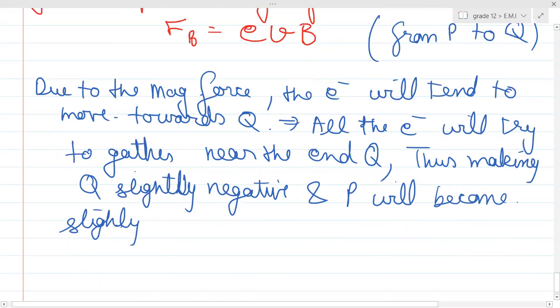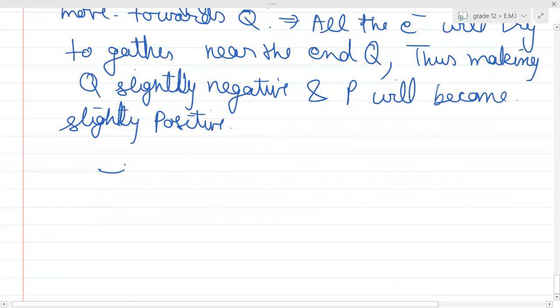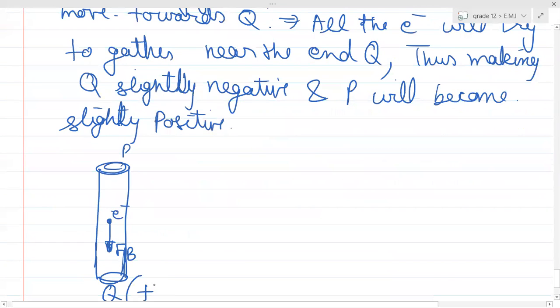Due to the force, there is a shift of charges, and due to this shift of charges, what is happening? P is becoming slightly positive, whereas Q is becoming slightly negative. So this was the magnetic force due to which Q became slightly negative and P became slightly positive.